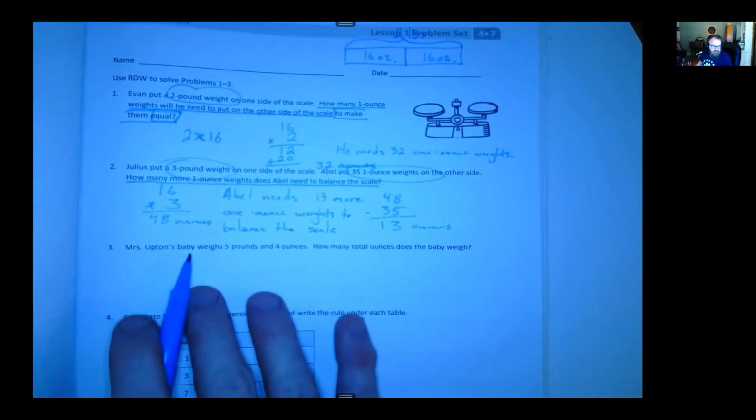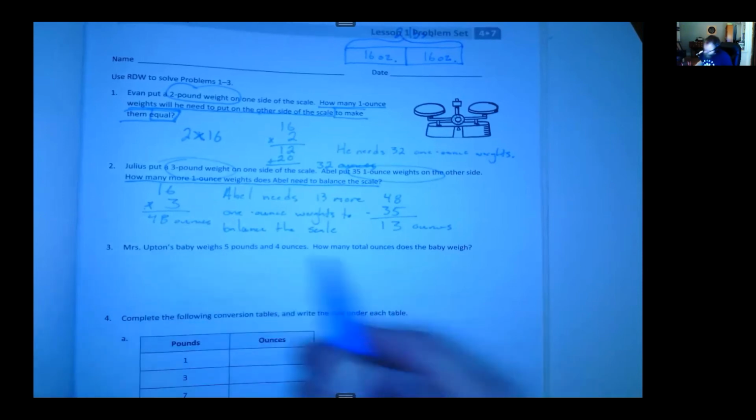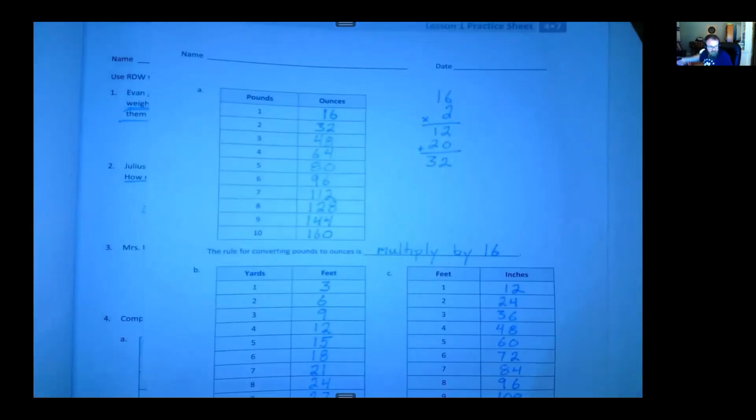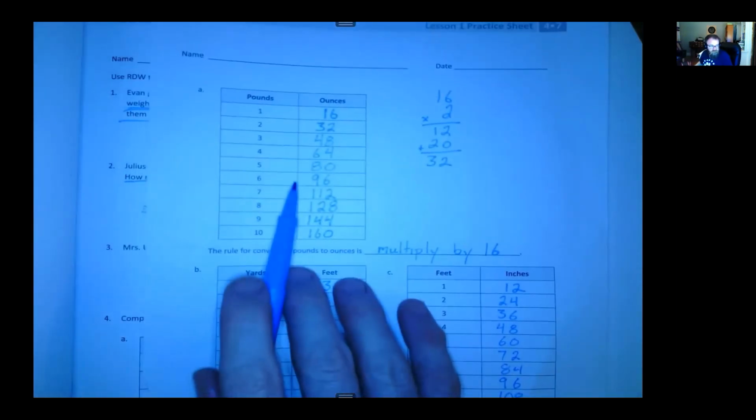Mrs. Upton's baby weighs 5 pounds and 4 ounces. How many total ounces does the baby weigh? So we need to know how many ounces are in 5 pounds and add that to the 4 ounces that we have. Let's take a look. How many ounces are in 5 pounds? 80 ounces.